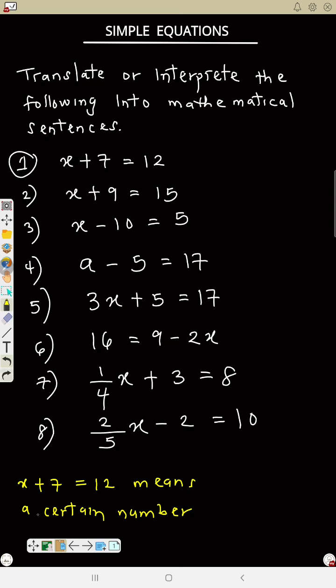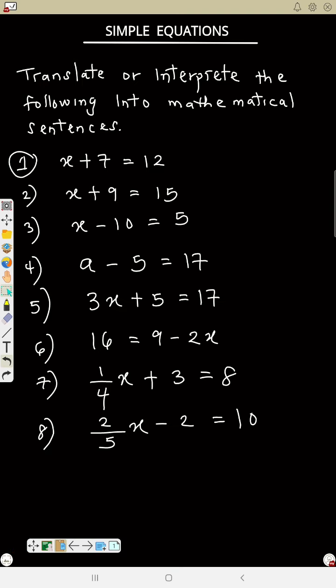So you now say a certain number plus 7 gives 12. So that is number 1. Then proceed with the rest.